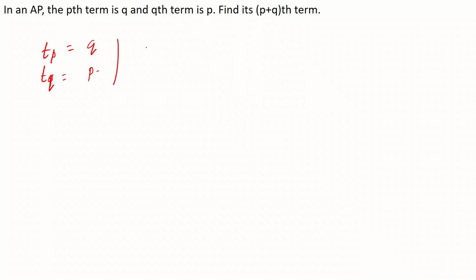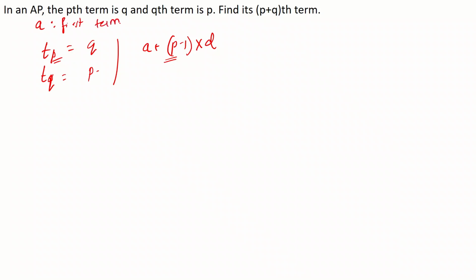We know that tp is a plus p minus 1 times d, because in place of n we are having p over here, so we just replace our n with p in the given formula. And please do mention in your examination that you are assuming that a is the first term, because a and d are nowhere mentioned in the question.